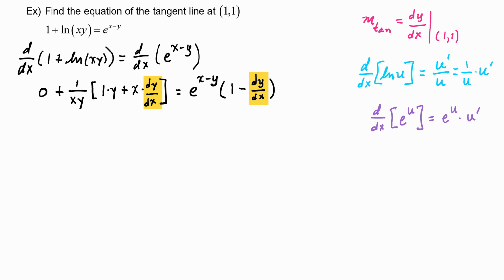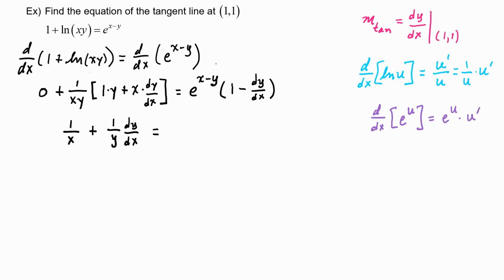Over here on the left-hand side, we have to distribute this 1 over xy, and 1 over xy times y would be 1 over x, plus we have 1 over xy times x dy/dx is going to be 1 over y dy/dx.